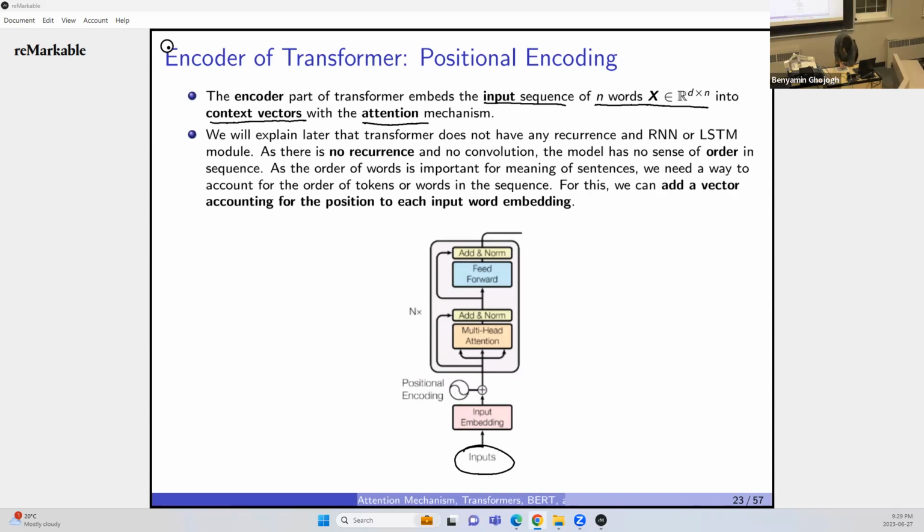And there is no recurrence here. We'll see that the transformer doesn't have any recurrence. We can't unfold it like we did. Therefore, there was a paper which proposed transformer. What was it called? Attention Is All You Need. It means that you don't need recurrence anymore. Attention is all you need. It was a breakthrough in natural language processing.